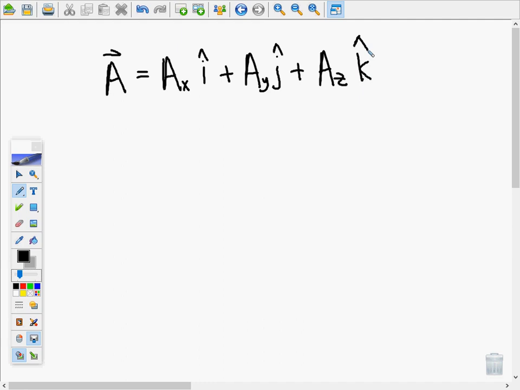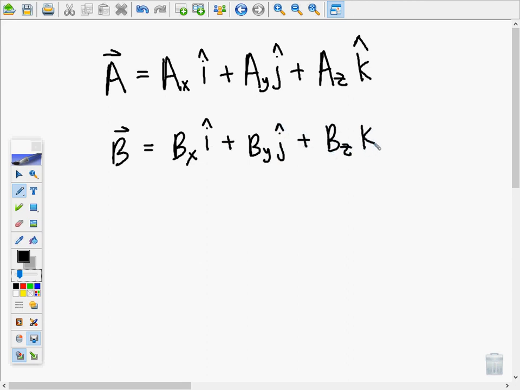And then I had a second vector, vector B, where B sub x is the component of B in the positive x direction. So it would be B sub x times unit vector i plus B sub y times unit vector j plus B sub z times unit vector k.